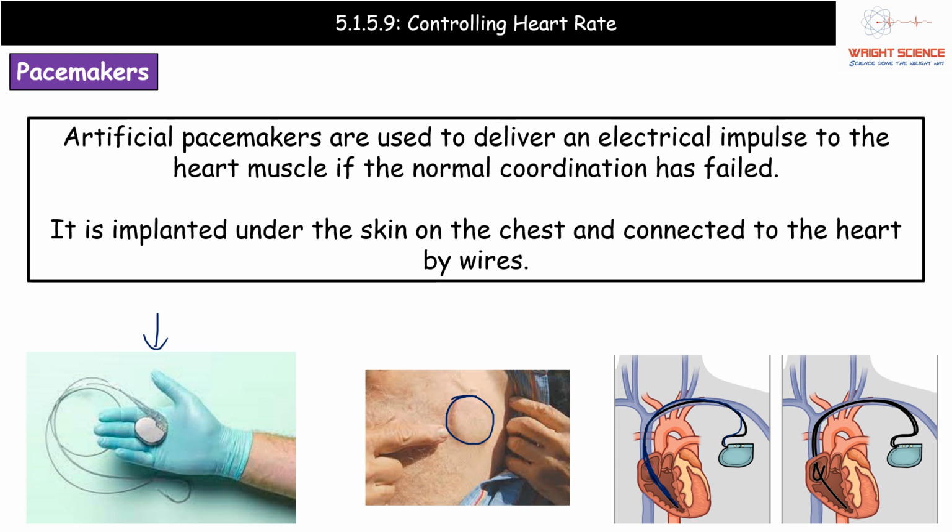The idea of those wires is that they carry a regular electrical impulse from the device to the heart muscle. And that basically takes over from the SAN, which means the pacemaker is telling the heart when to contract. But obviously it is artificial, and therefore it does require an element of surgery to insert it.